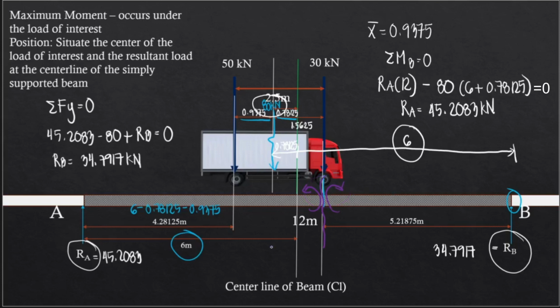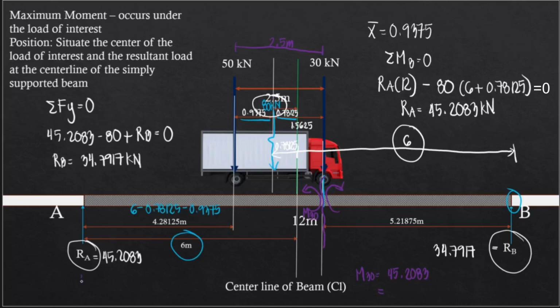Now if I consider from the left side of this cut, then I have, let's say this is M30, then we have this load, 45.2083, and then minus 50 times the distance going to the 30 kN load. So we know that this is 2.5. And by the way, we are lacking the moment arm for this one.